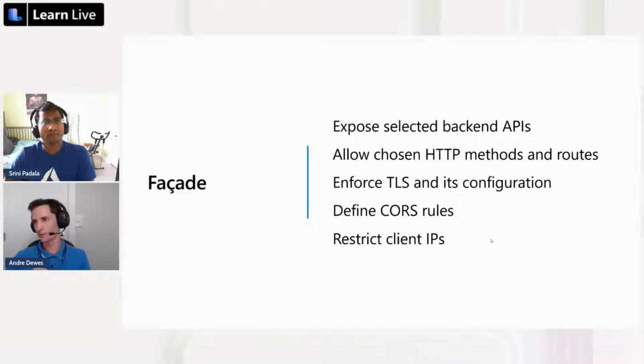Do not expose everything like a reverse proxy, right? So be careful to choose the HTTP methods it supports and the specific routes. Do not expose everything. Be sure to define TLS, enable it or leave it enabled. Define the CORS rules so you can specify which domains can access your backend APIs, and possibly restrict client IPs from accessing your APIs.